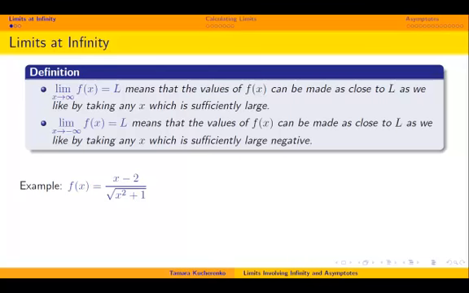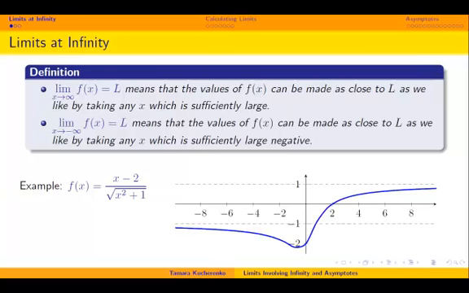As an example, consider the function f of x equals x minus 2 divided by the square root of x squared plus 1. We can look at the graph to investigate its behavior for large x. We see that as x grows larger and larger, the values of f of x get closer and closer to 1.